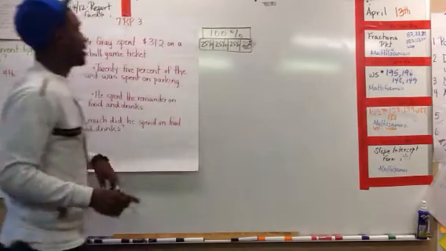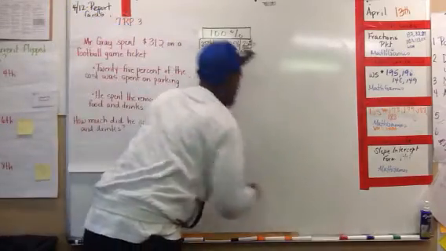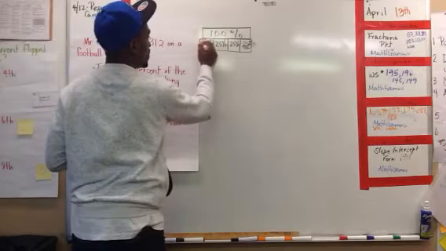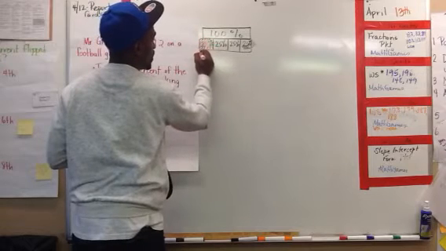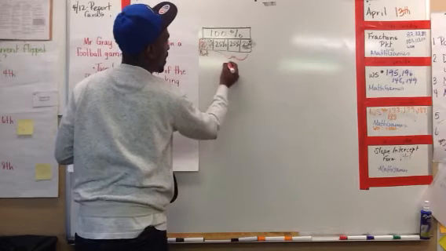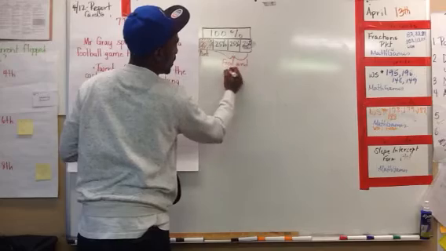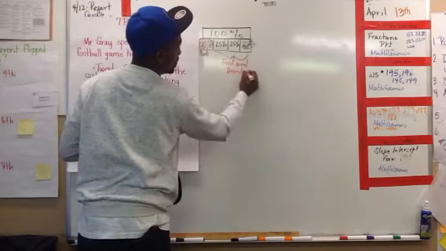Okay? Now, I know that 25% was parking. I know that 75% was food and drinks. All I'm doing is translating what the problem's giving me.